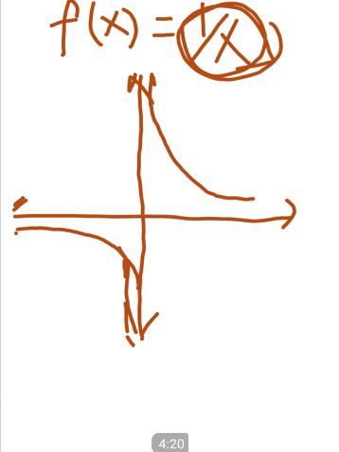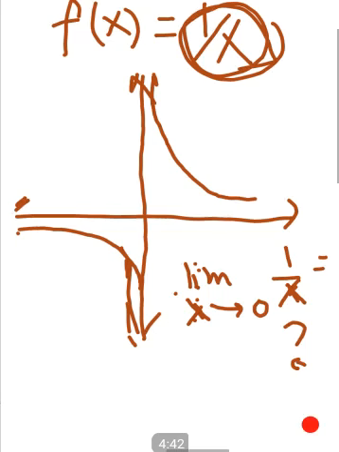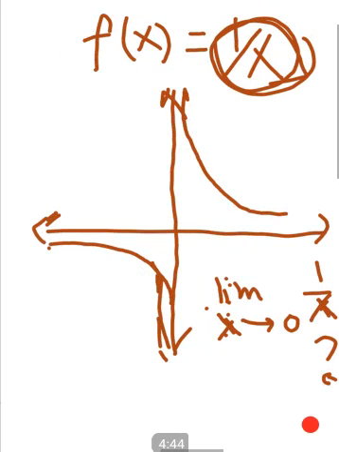Now the question is, the limit as x approaches 0 of 1 by x is. Now we'll use our graph to check this out. x approaches 0.